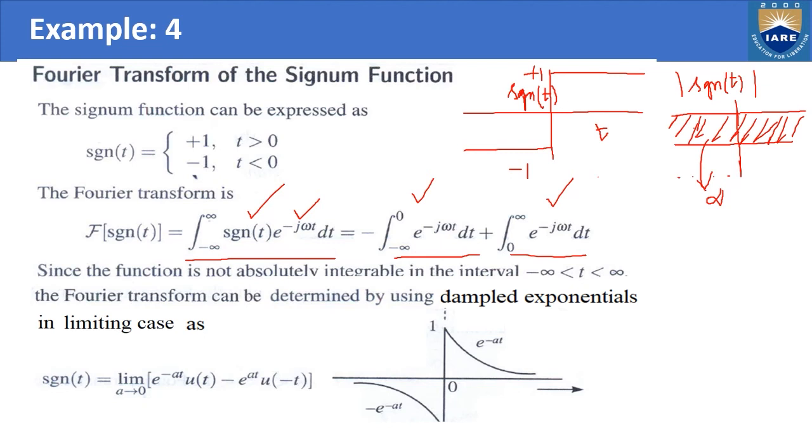So I can represent each step function by damped exponentials. For example, the left side step function is this function. I can represent this positive step by a decaying exponential like this for a large value of a.